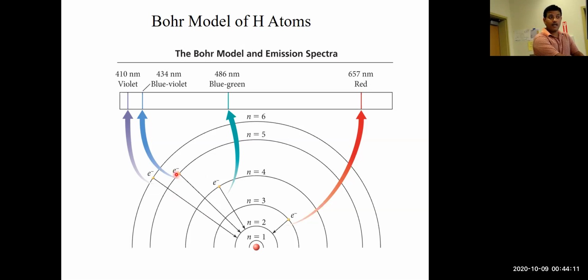So when it went to N5, shell 5, and comes back to shell 2, it released energy equivalent to 434 nanometers, which happened to fall into the visible spectrum. And when an electron went to N4 and came back to N2, during that process, it released 486 nanometers. And when an electron went to N3 and comes back to the N2 shell, it released about 657 nanometers.